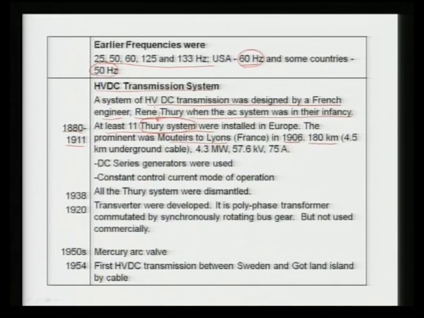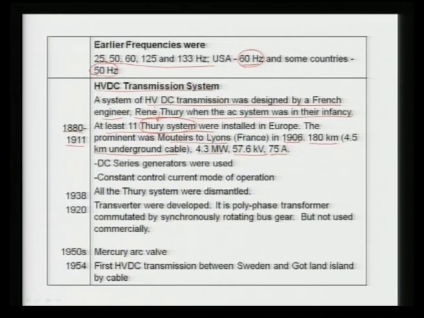It was 180 kilometers with underground cables. It was only carrying 4.3 megawatts of power, but the voltage level was 57.6 kilovolts and the current was 625 amperes.